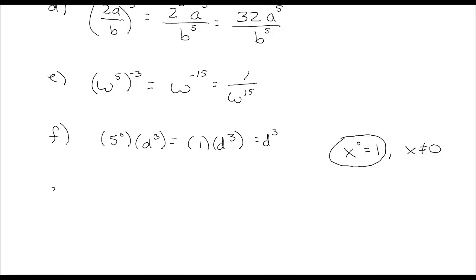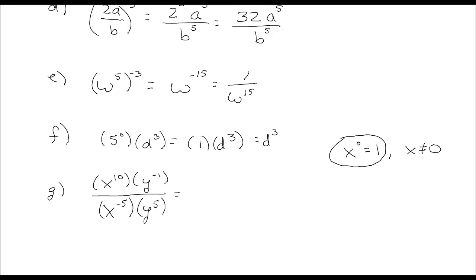For g, we've got x to the 10th power, y to the negative 1, over x to the negative 5th power times y to the 5th power. I can handle the x's separately and the y's separately. Since the x's are like bases, I'm going to subtract the exponents.